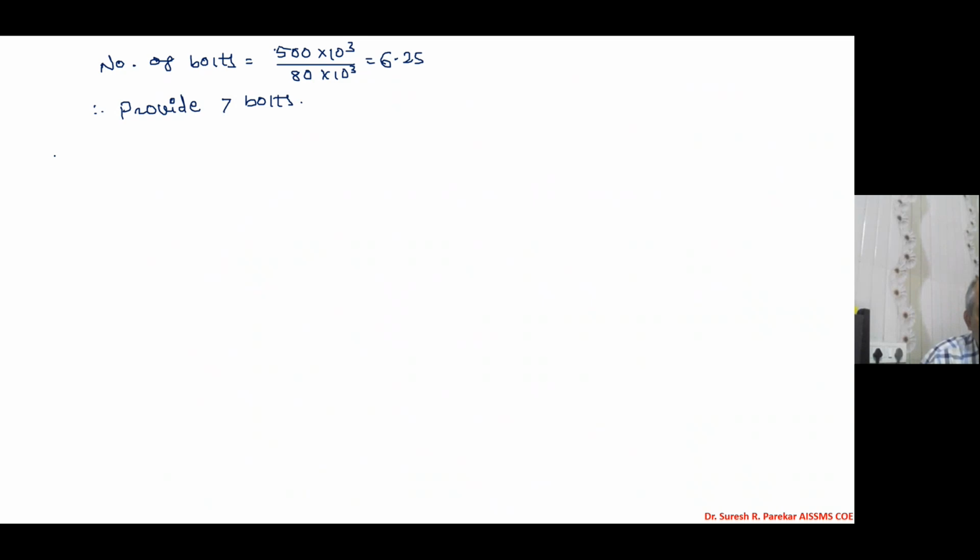Now we will go with step 4, tensile strength.